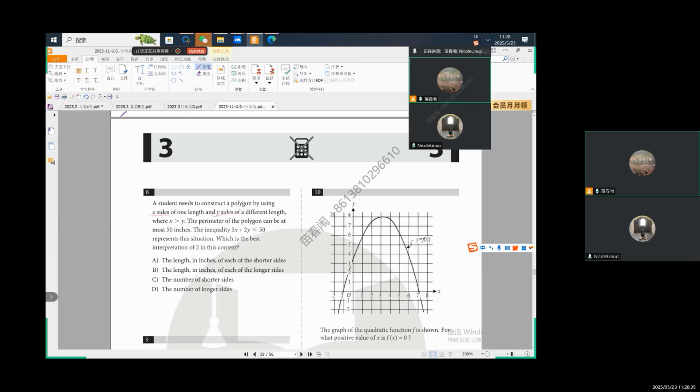Yes, because X is greater than Y. So since it should be length, right? Y, yeah, so it should be A. If we try B, which is longer, because 5 is the longer one, right? And the number of the short side, well, that's just Y. The D is X, right?